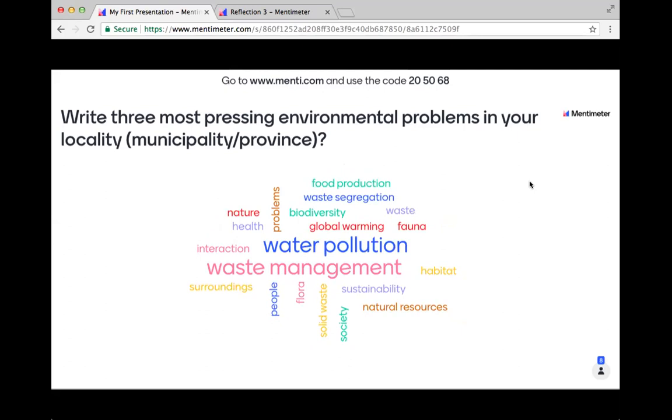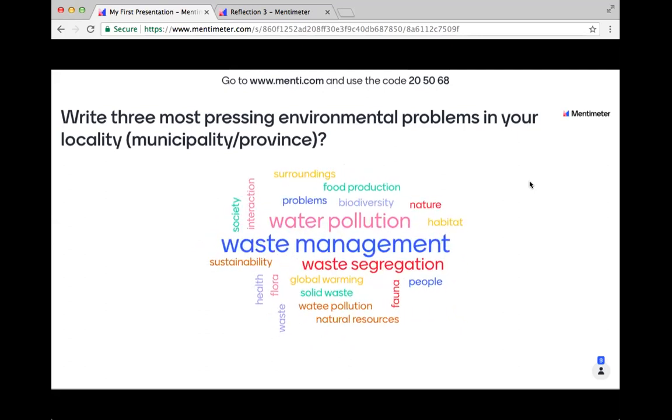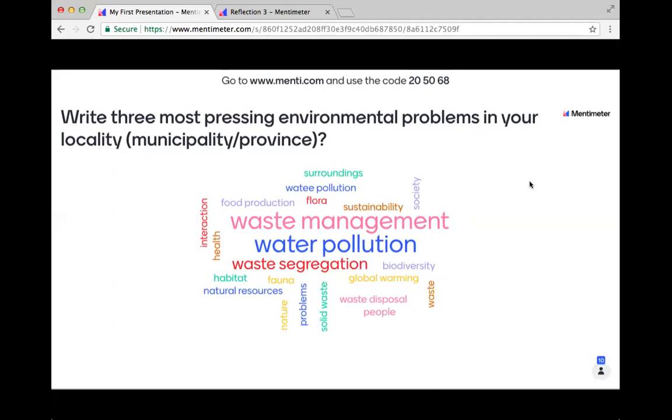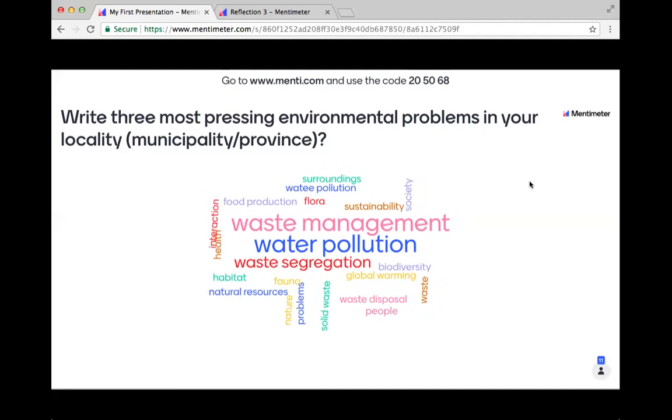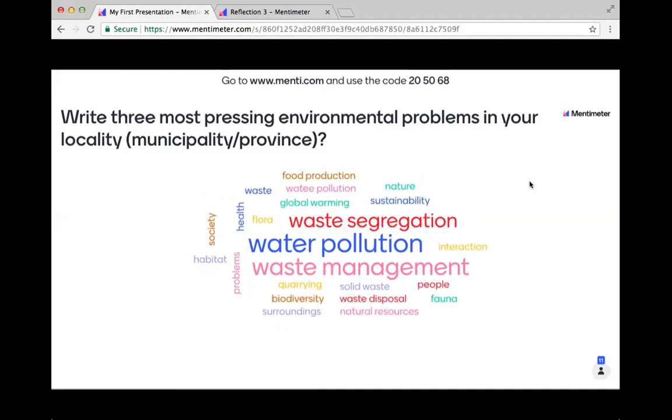Seems like this is a dominant problem not only in your locality but even in other localities in the country, in other areas in the country rather. So waste management, water pollution, and waste segregation. Right. Okay, so the responses are coming.